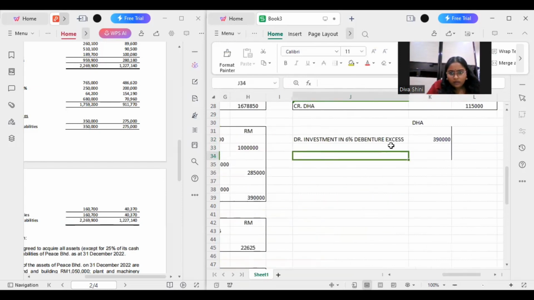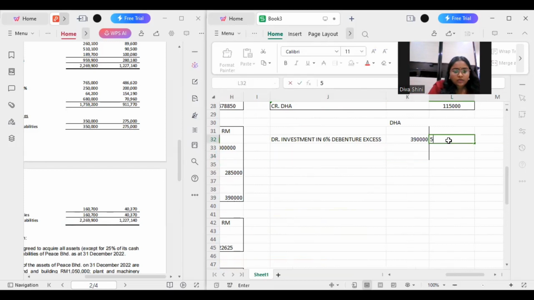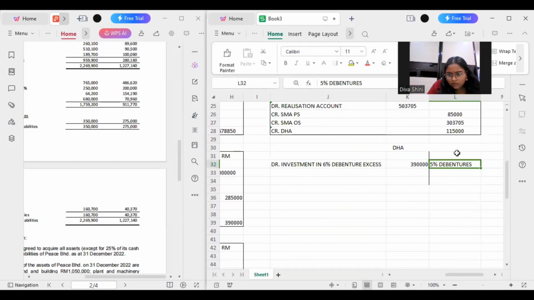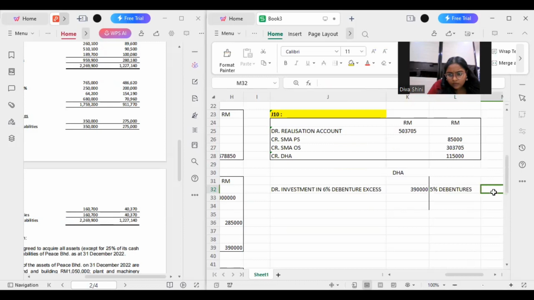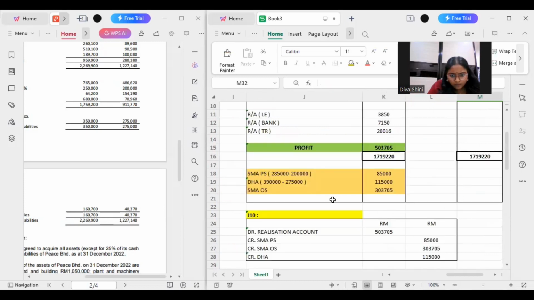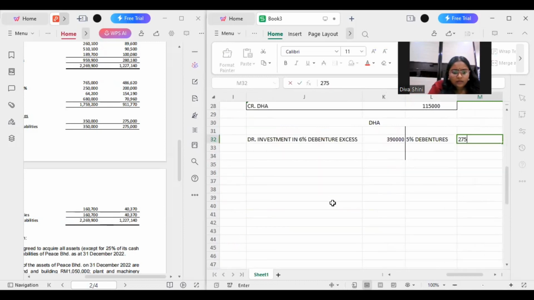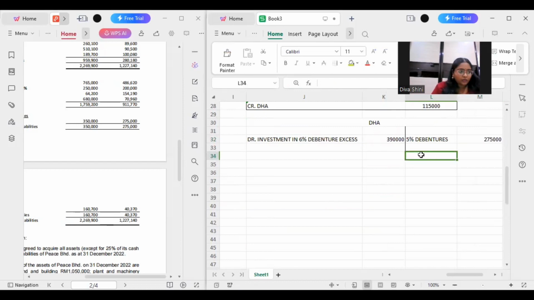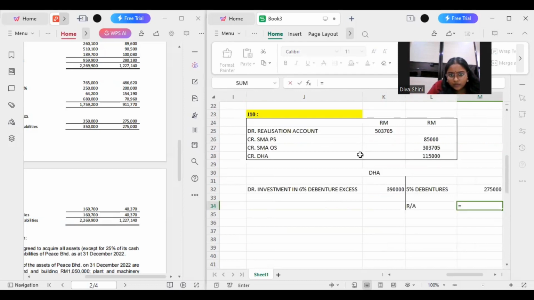And then credit the SME debentures amount, which is from SME 275,000, and then we also need to minus the realization account amount, which we got from here. Not minus, we should add in the debit side.